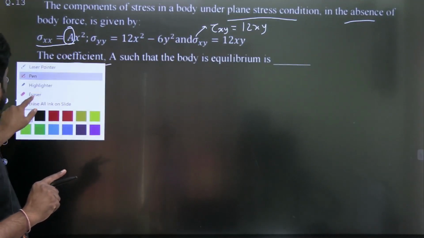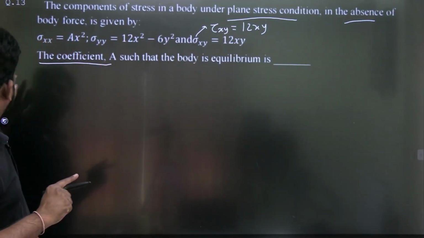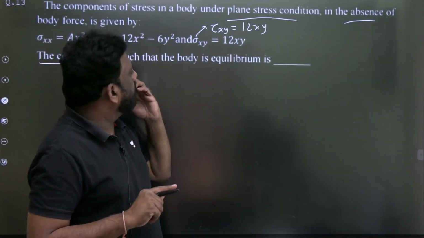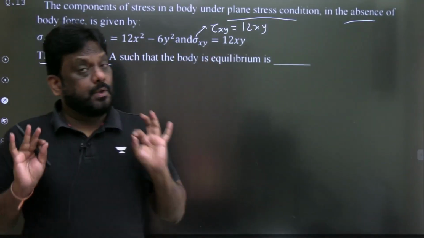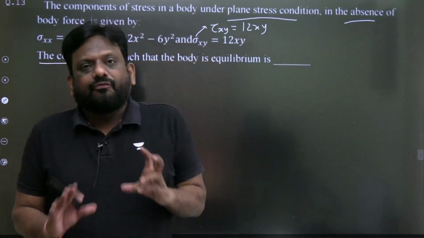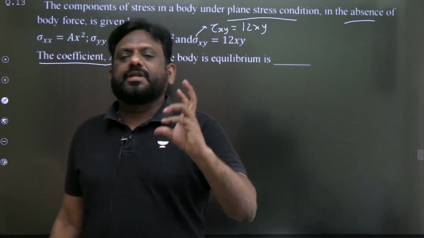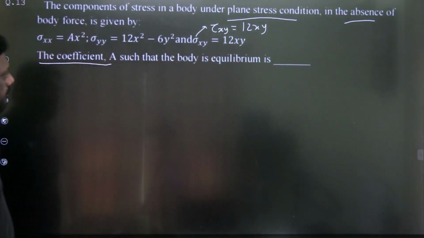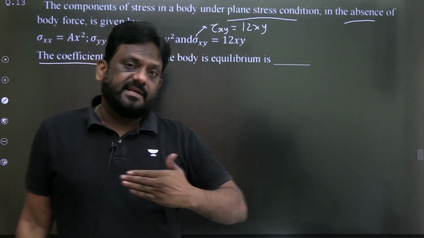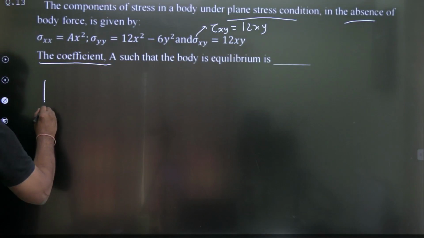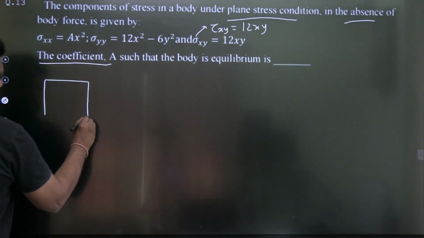Dear students, he is asking the value of a for equilibrium, such that the body is in equilibrium. It is a very, very good question. So let me derive certain things, and finally after the derivation I'll ask you to remember one equation. First I'll derive. It is not a constant stress, it is a variable stress. Let me derive everything clearly.